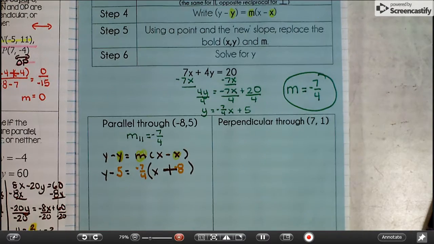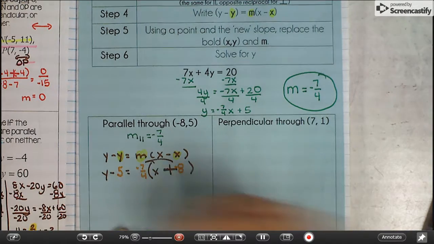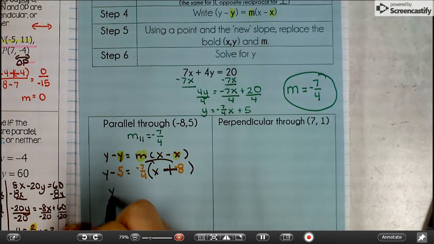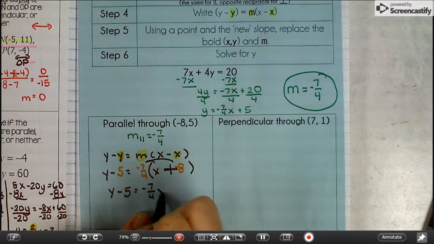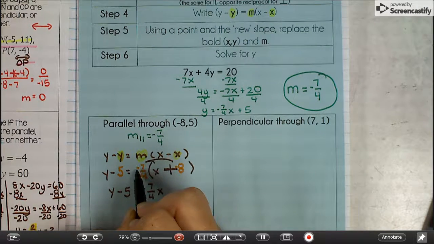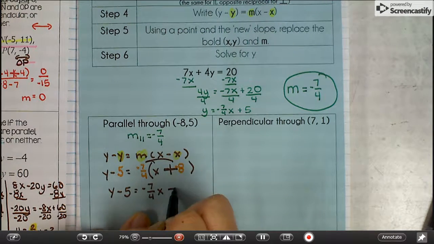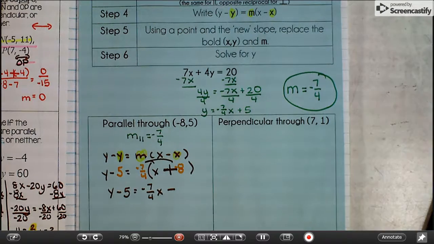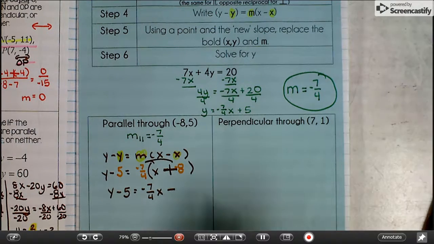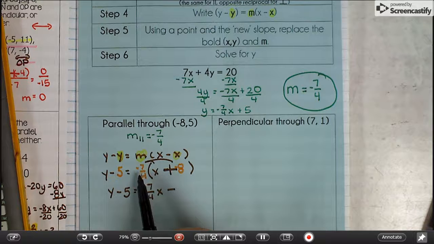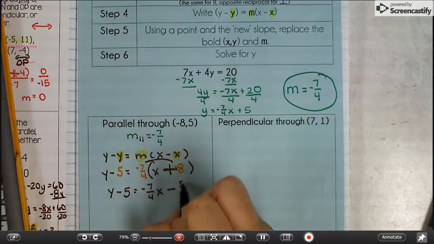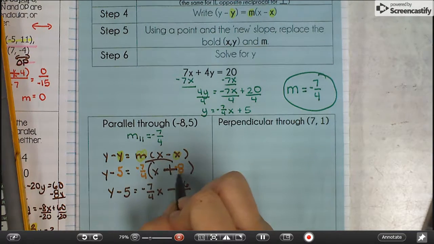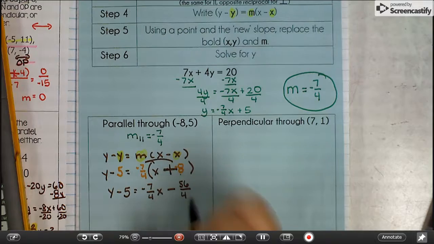And then we will distribute negative 7/4. y minus 5 equals negative 7 over 4x. And it's going to be minus because we have a negative and a positive. And there's a couple different ways you can do this multiplication here. I'm going to multiply negative 7 times 8, which is negative 56. I guess I'll write that down here. Over 4 times 1, the denominator would be 1, is 4.